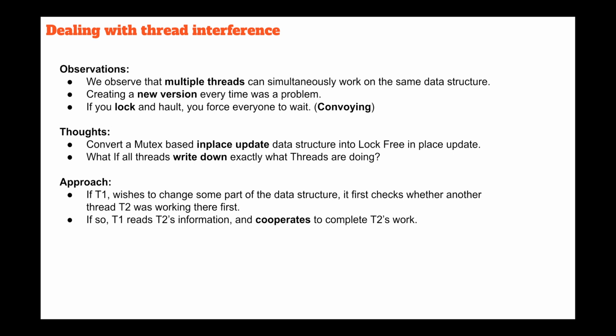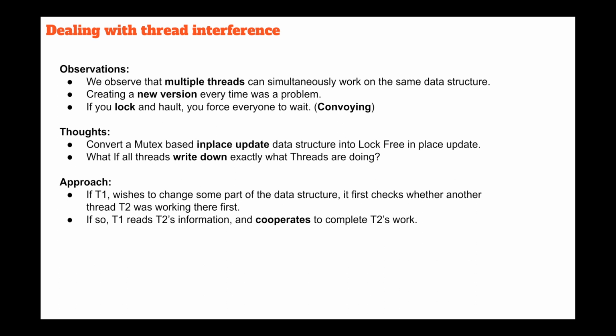In order to make that progress, the author provides an idea of each thread writing down exactly what it is going to do on that shared data structure. If there is a thread which locked a particular entry and then halted, other threads who want to access that node can have some means of completing the first thread's work and then proceeding with their operation.